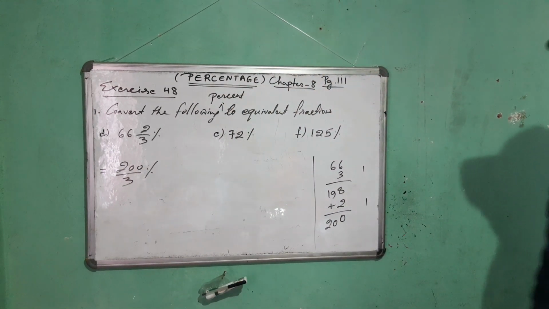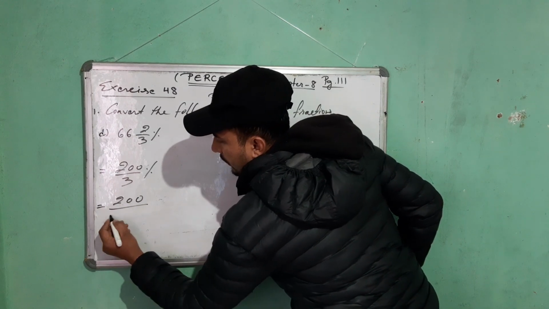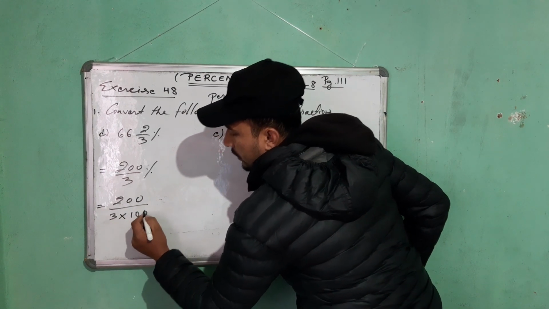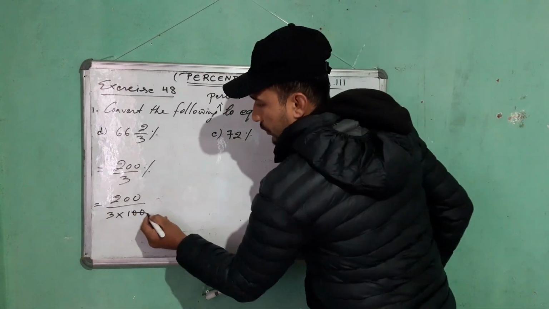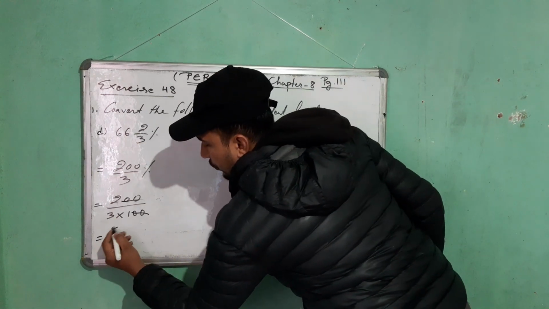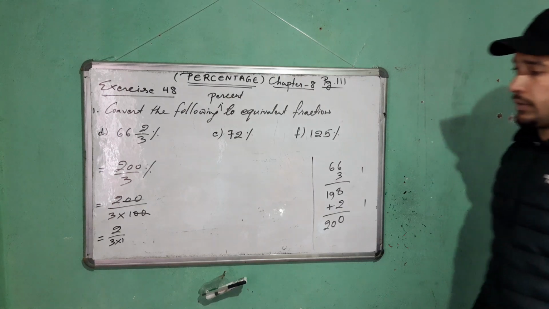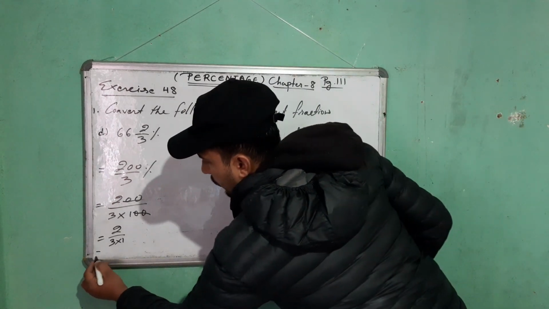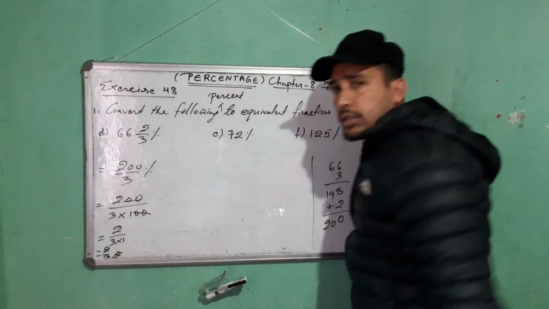It will be equal to 200 upon 3 into 100. If you remove this percentage sign, you have to divide by 100. We'll do the cancellation. Two zeros get cancelled, so 2 upon 3 into 1. 2 upon 3 is your answer.